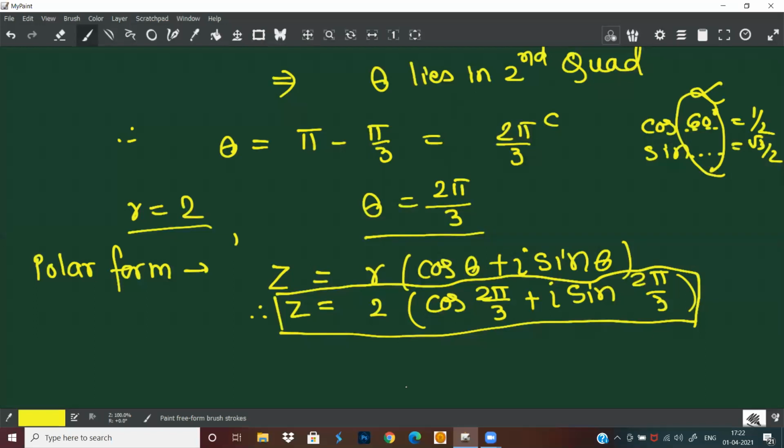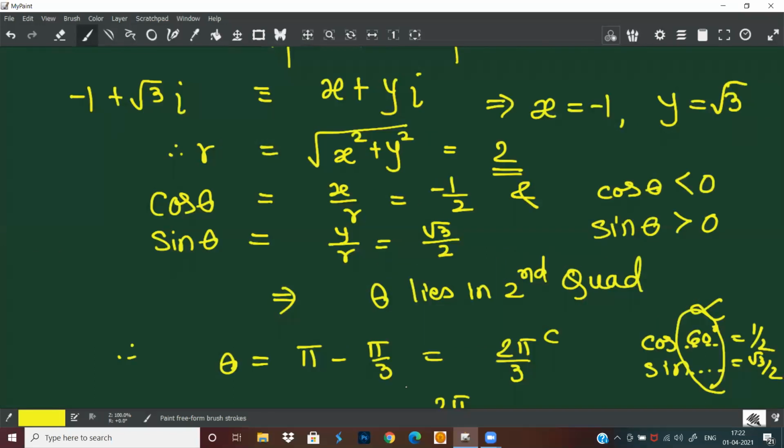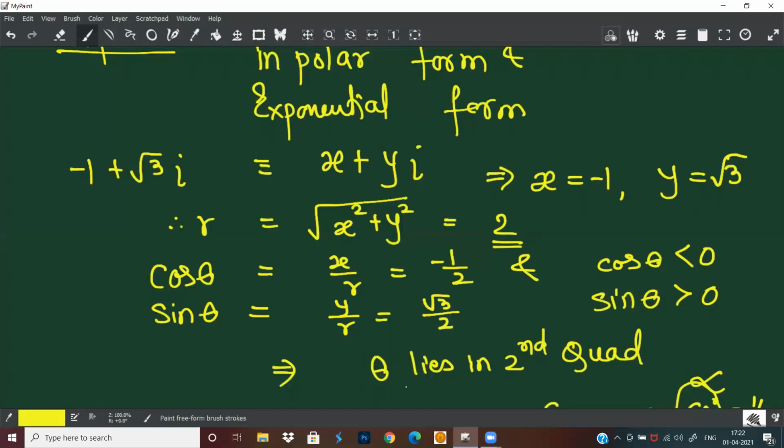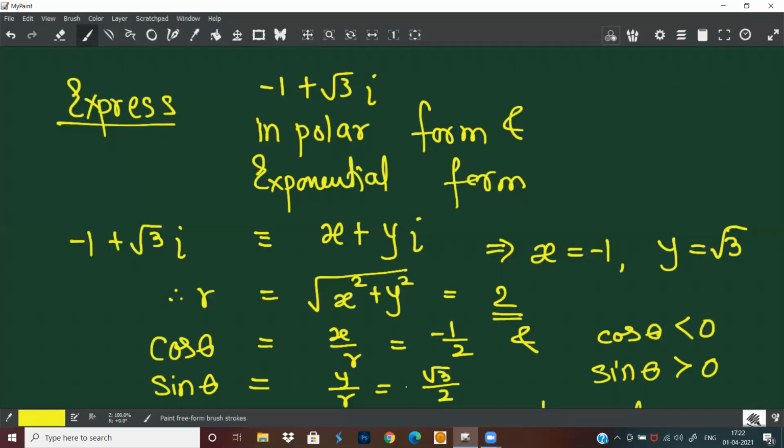You have to express the given complex number in polar form and in exponential form. So given number, we call it as x plus yi. Comparing real and imaginary parts, I write the values of x and y. Then I get my r, cos theta and sin theta. R is square root of x square plus y square. Cos theta is x by r. Sin theta is y by r.